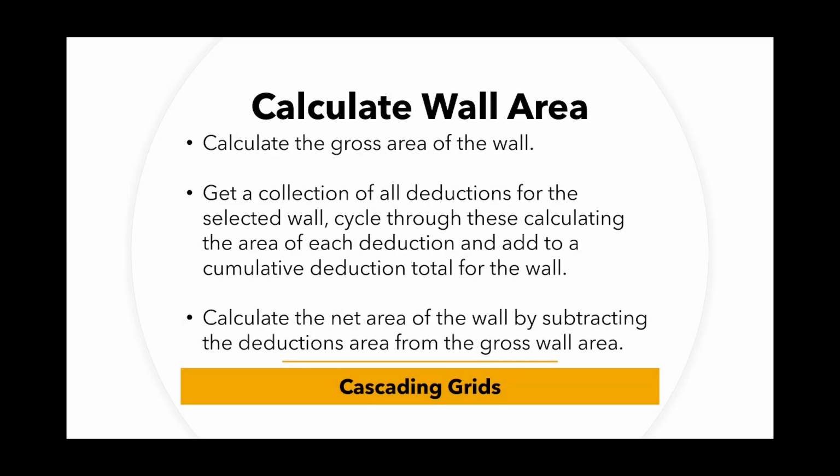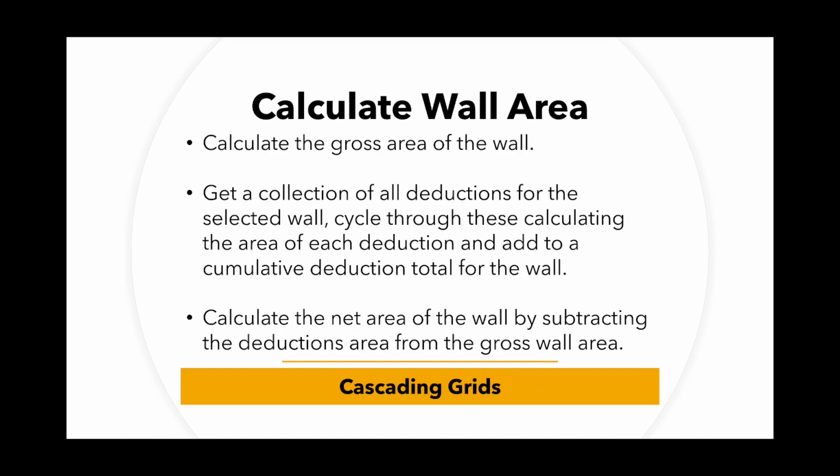The strategy we will use for calculating or recalculating the area of a wall in all cases is therefore to calculate the gross area of the wall, get a collection of all deductions for the specific wall, cycle through these, calculating the area of each deduction and adding it to a cumulative deduction total for the wall. We will then calculate the net area of the wall by calculating the wall area and deducting the total deductions.